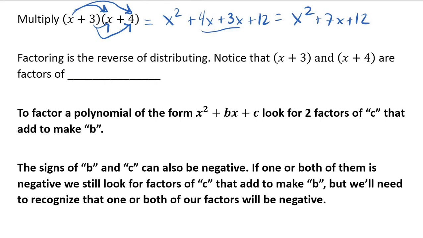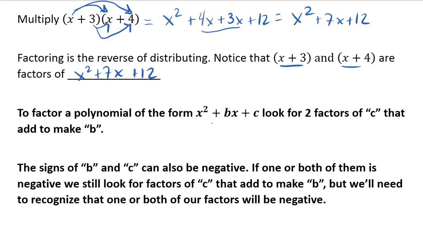Well, factoring is just the reverse of that. We're going to start with a problem that looks like this, and we're going to turn it into something that looks like this. So notice x plus 3, x plus 4 are factors of x squared plus 7x plus 12. Now, here's the key for today, and the lesson's long, but I'll sum it up here pretty quickly.